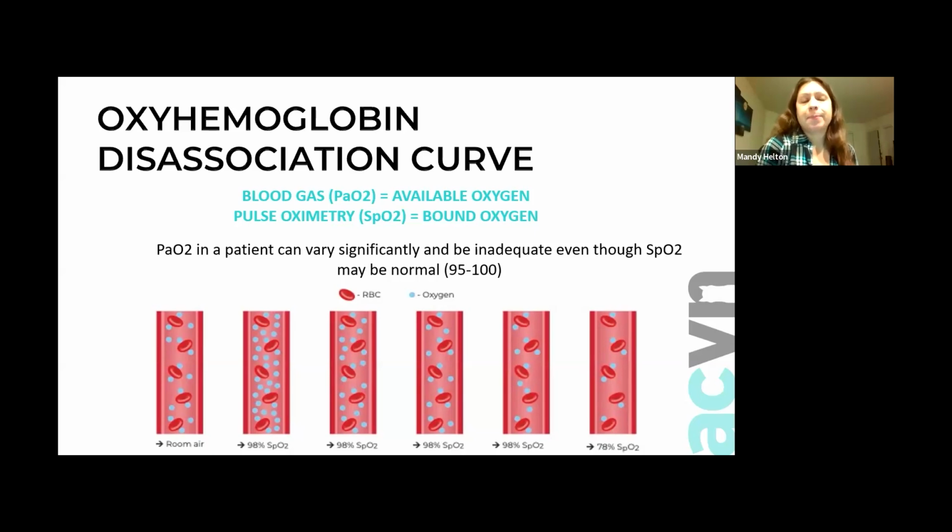Those patients are going to pulse ox at 100%, even though they are severely hypoxic, because carbon monoxide is going to kick the oxygen off our hemoglobin. That's one of the reasons we want to be cautious about utilizing pulse oximetry as our end-all.